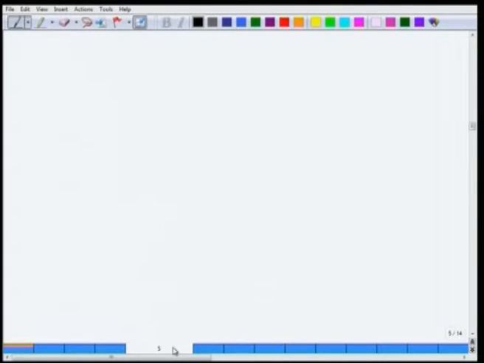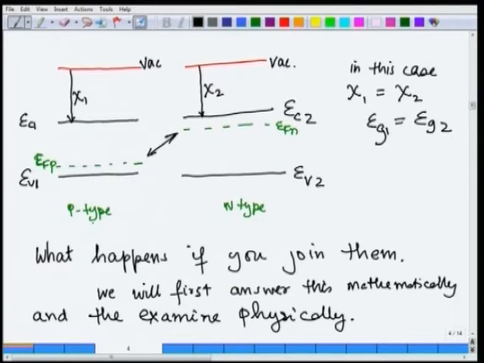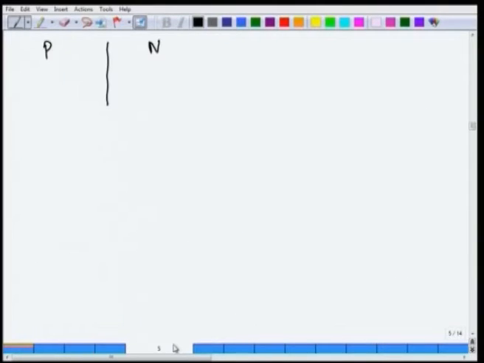Let us consider that on the left I have p type material, on the right I have n type material, like in this page. So I am continuing with this. So what will happen? When you join them, electrons are going to try to flow from p to n type, and they will try to flow from n to p type.